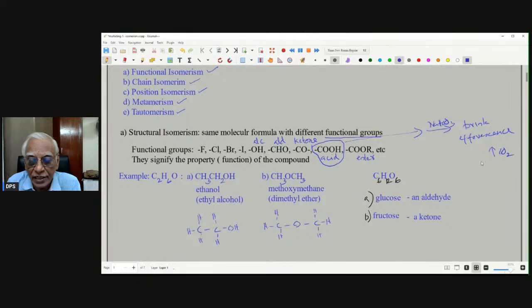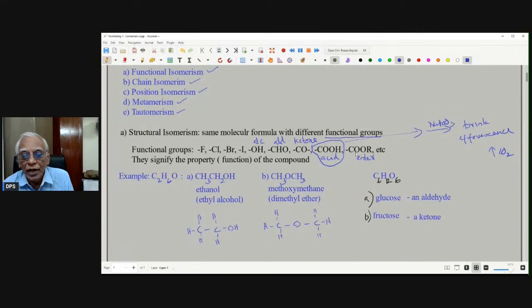It looks like boiling. It is a characteristic property of COOH only. It may contain any number of carbon atoms, 2, 20, 200, any number. So compounds containing COOH should have this particular property. It's a characteristic property of COOH.